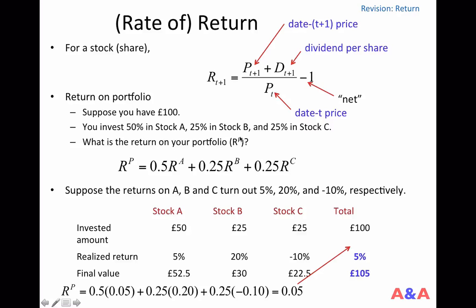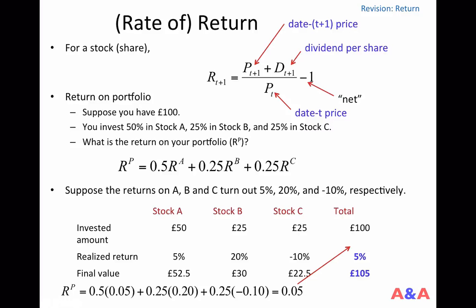Let's denote by P, the portfolio. The return of portfolio is calculated by the following equation or formula. Basically, it's the weighted average of the individual returns on stock A, stock B, stock C, where the weights are your portfolio weights, 50%, 25%, and 25%.